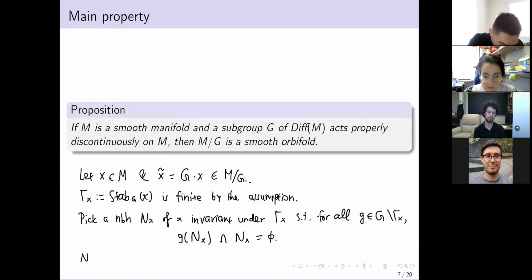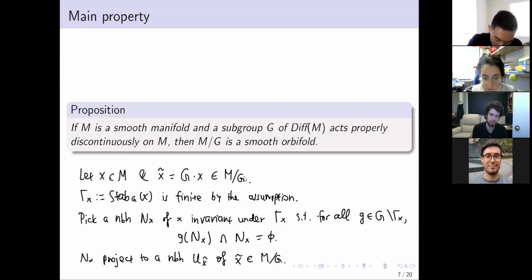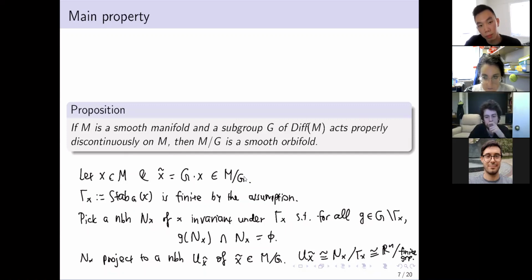By doing so, this neighborhood will project to a neighborhood U_x tilde of x tilde in the quotient space. And this projection, U of x tilde, is just homeomorphic to N_x modulo the stabilizer, which is finite. So this is basically something like R^n modulo a finite group. That's the idea.